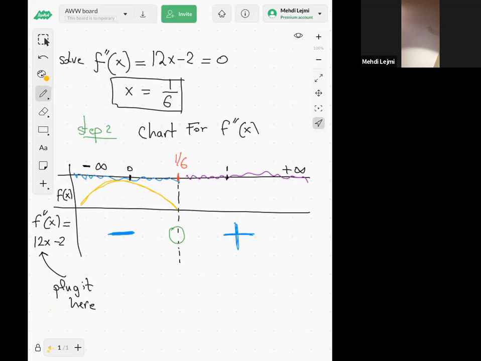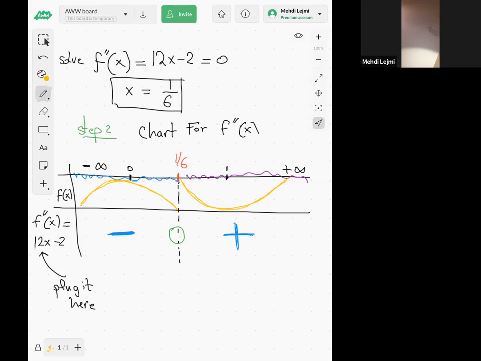And then on the second interval, where the second derivative is positive, your function is concave upward. So it's concave upward.